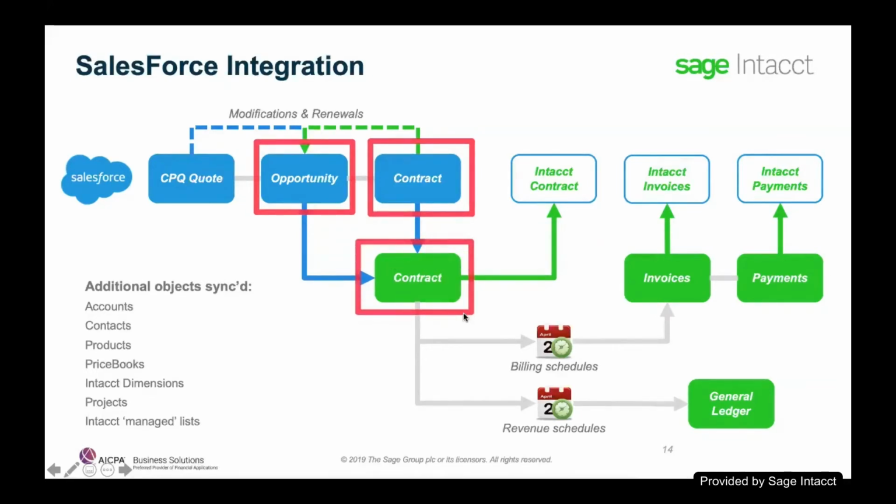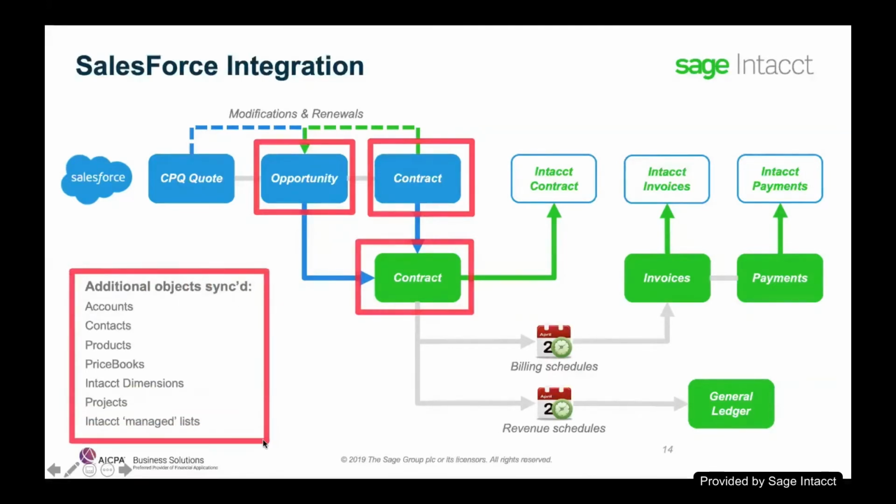So all of the blue boxes you see here are from the Salesforce side, which we'll be looking at today, and the green boxes are within the Intacct contracts module. And with this integration, it really is bi-directional. So changes that are made in Salesforce can be reflected back in Sage Intacct, and changes that are made in Sage Intacct can be reflected back in Salesforce as well. There are a number of different integration points, as you can see here.